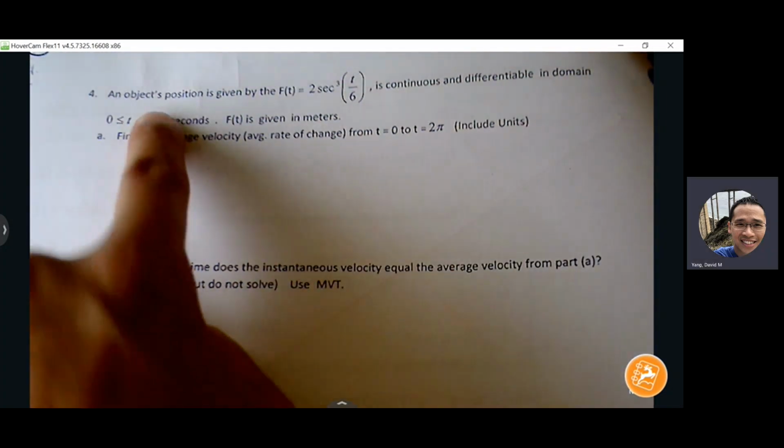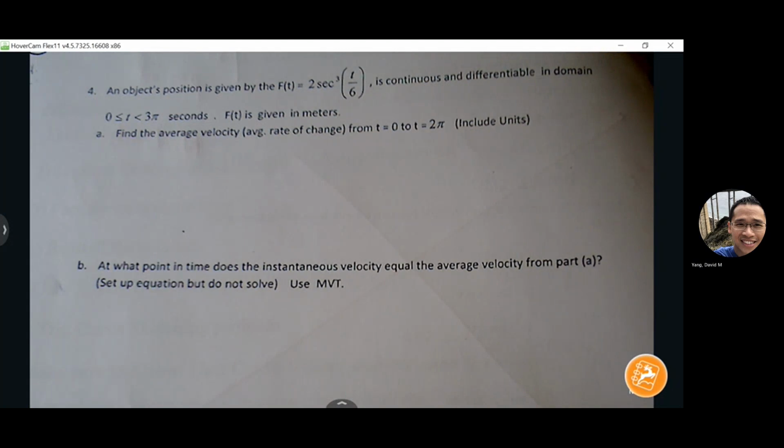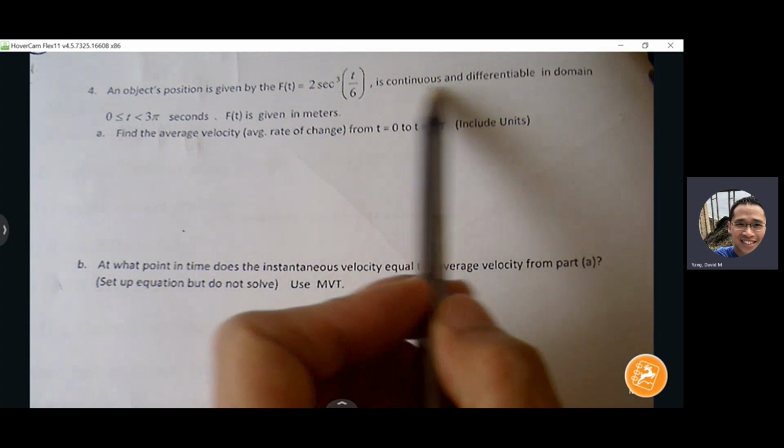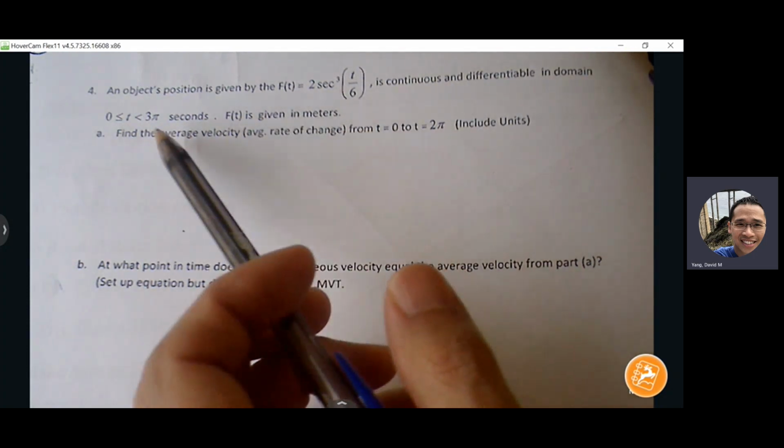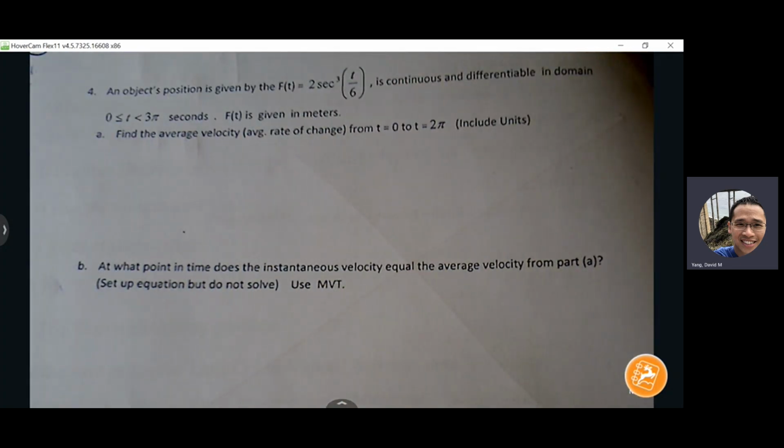Okay, an object's position is given by f of t. It's continuously differentiable, so they're already stating that for us in our domain from 0 to 3 pi. F of t is given in meters. Find the average velocity.